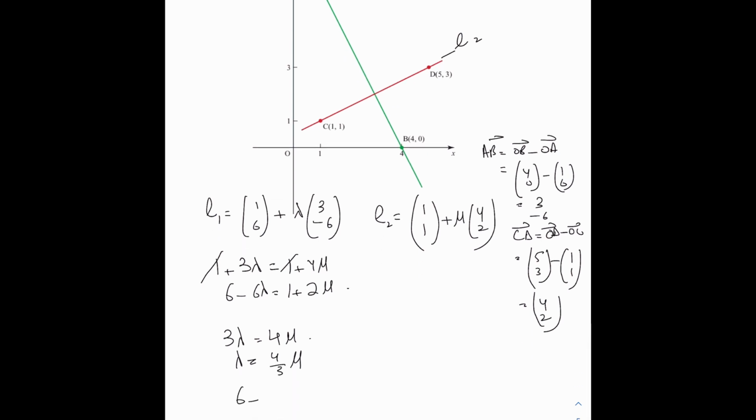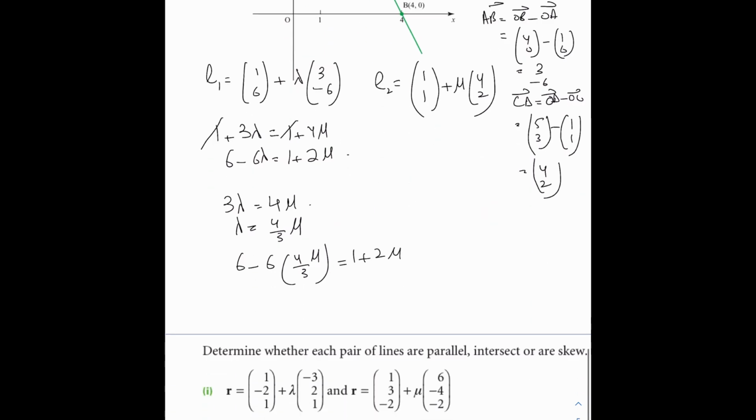Okay, 6 minus 6 times 4/3 mu equals 1 plus 2 mu. 6 minus 8 mu equals 1 plus 2 mu. 10 mu equals 5. Mu equals 5 upon 10.